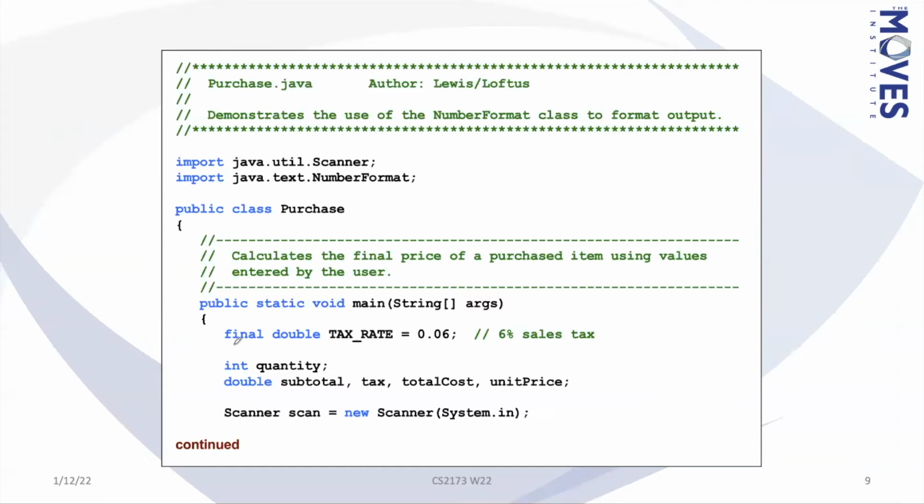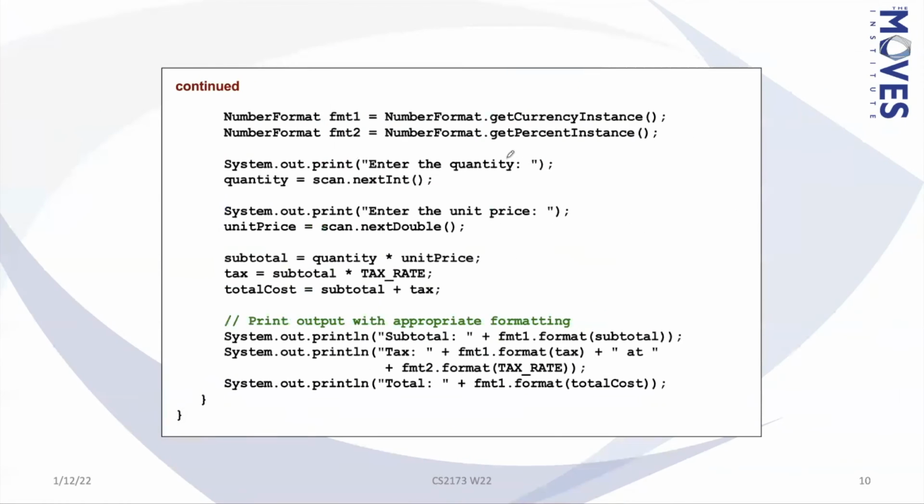Notice that they have a local final variable. Normally this would be like a static variable, but for this example, it's not such a big deal. But remember, percentages are out of 100. So they're reading in some stuff. We have a currency instance and a percent instance.